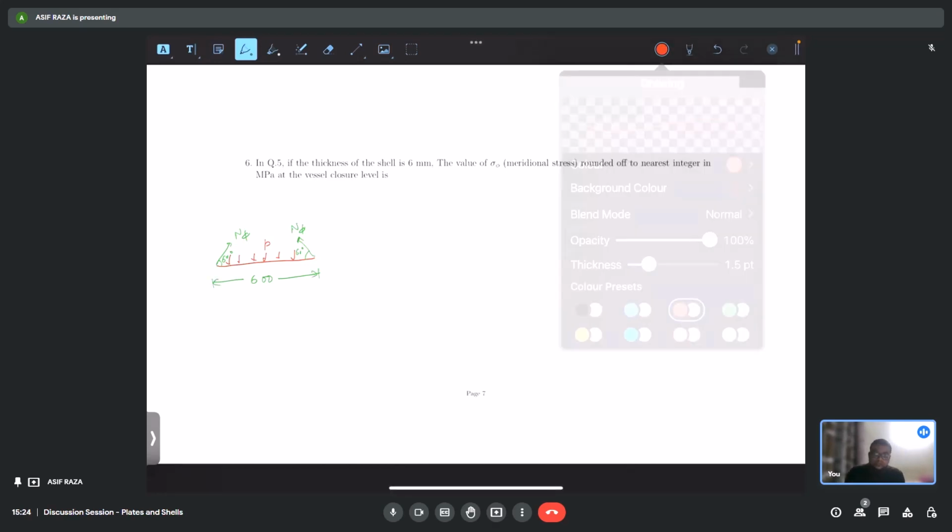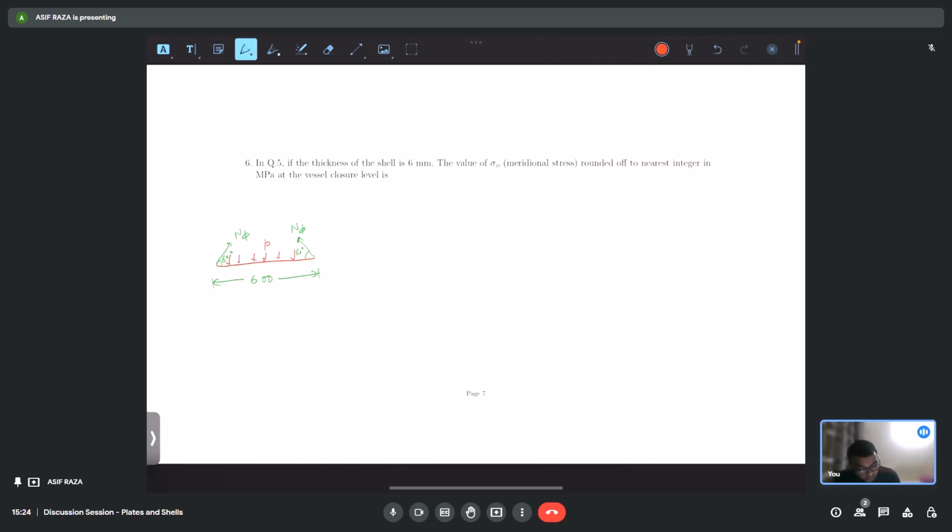So taking equilibrium of force, we are given with the thickness as 6 mm, right? And we found out the n.